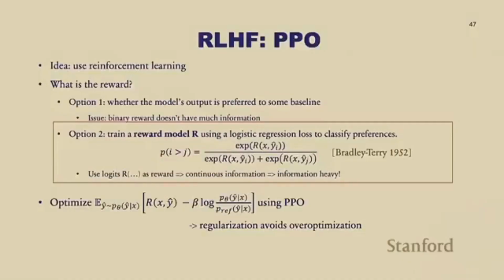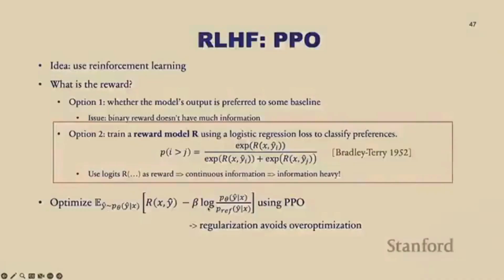Great. So as I just said, continuous information is better. That's what people use in practice, or at least used to use in practice. I'll tell you about the other algorithm later. So what you do at the end is you basically just use the reinforcement learning that you know about. Now we have our reward. What you sample is the generation from your large language model.